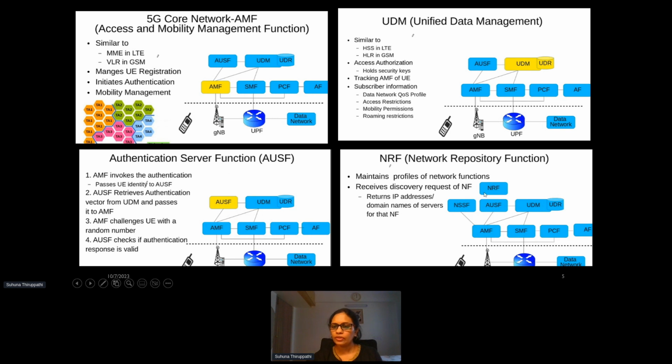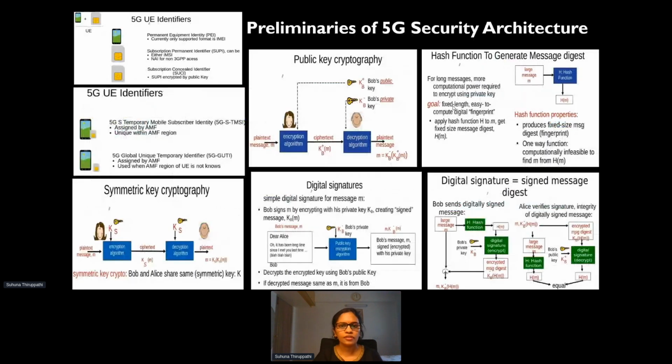So it fetches the AMF information such as IP address and domain name servers from NRF and passes it on to the network slicing function. So currently we have seen four functionalities. These are primarily used for security.